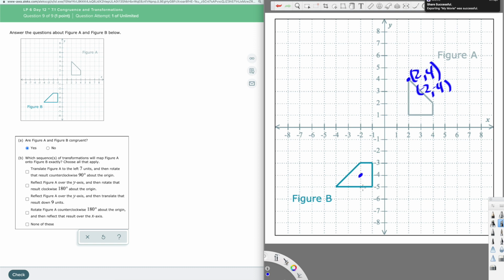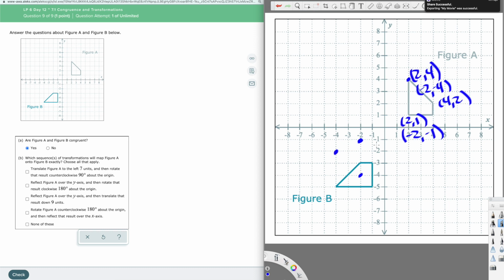Because I already know the position it's going to be in, is it going to be upside down? I think it's going to be upside down. Let's make sure. I don't want to picture this wrong. So 2, 1. So I'm going to have -2, -1. And then this is 4 and 2. So it's going to be -4 and -2.